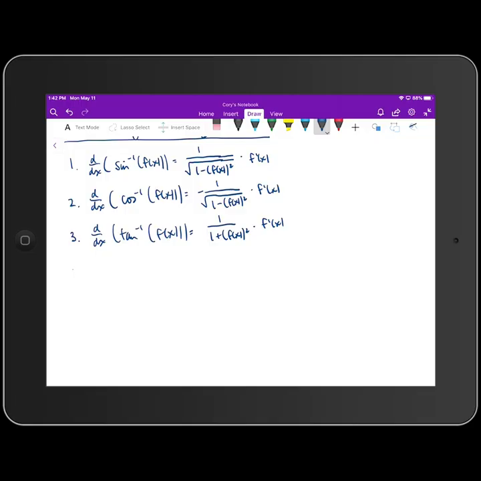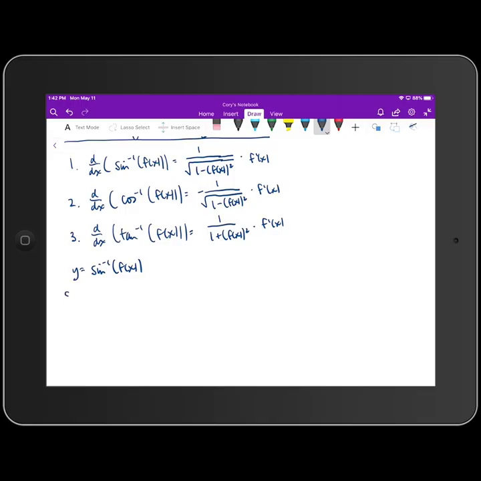Okay, so if we say y is equal to the inverse sine of f of x, we don't know how to take the derivative of an inverse sine function. So just like we did when taking the derivative of a standard inverse function, we're going to take the sine of both sides of this equation.